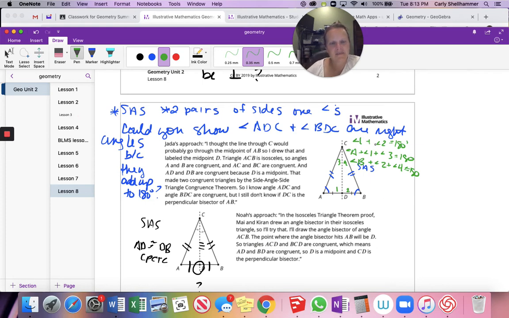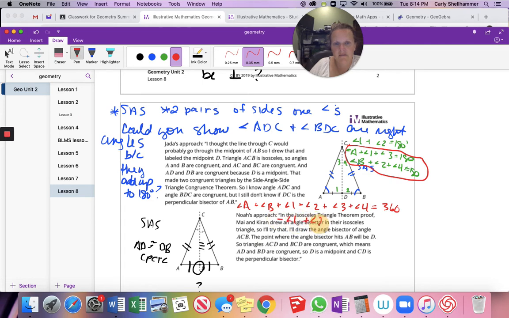Let's see. I'm going to add these two equations together using some algebra. So angle A plus angle B plus angle 1 plus angle 2 plus angle 3 plus angle 4 equal 360. Okay? I can take out those equal 180.